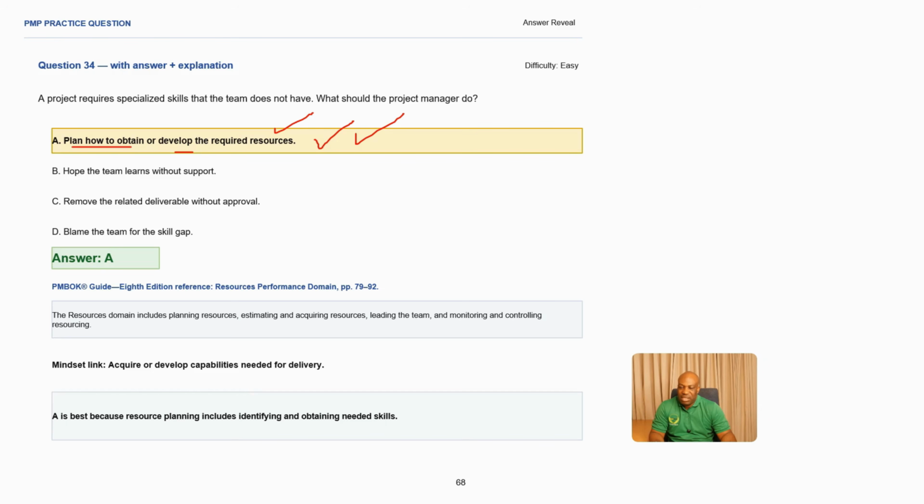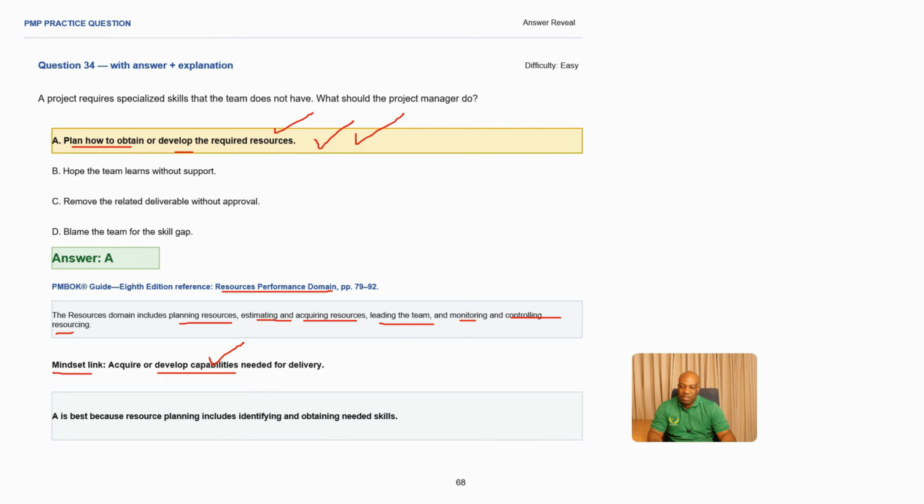So what is our reference here is resource performance domain, which says resource performance domain includes planning resources, okay, estimating, acquiring resources, leading the team, monitoring, and also controlling resources. So as you plan for your resources, you also need to plan for training, especially for the skills which do not exist within your team. So the applicable mindset to respond to this practice question is you need to acquire and develop capabilities.